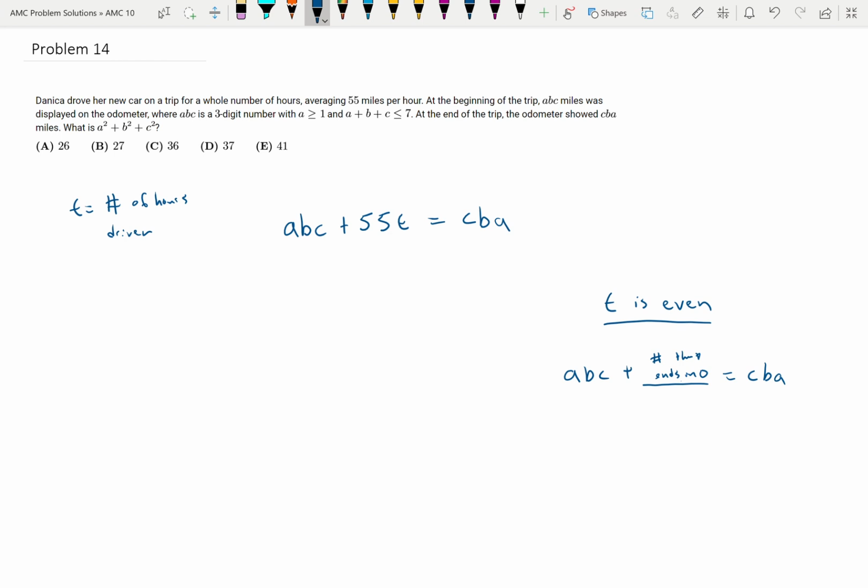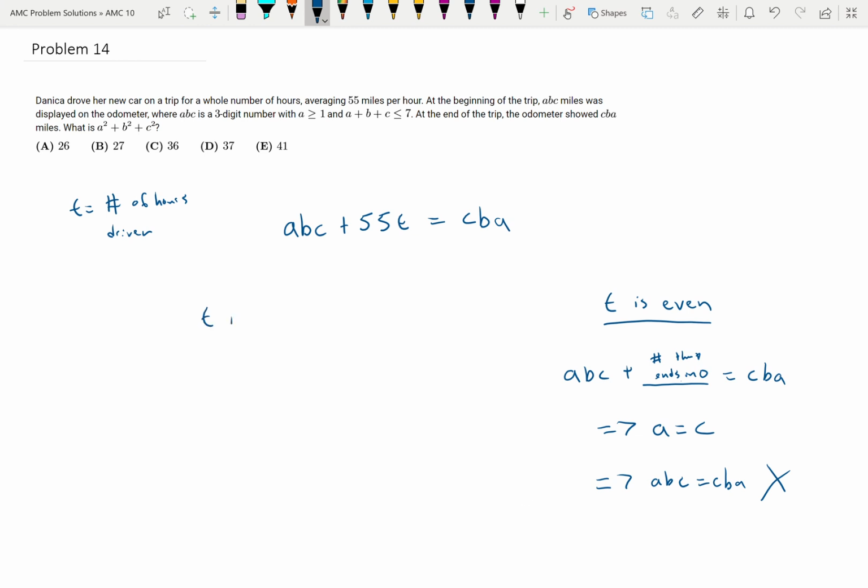Well, if that's the case, you're adding 0 to C. So this means that A is equal to C, which therefore means that ABC is equal to CBA. But we know that she drove her car and averaged 55 miles per hour, so we know that t can't be even.